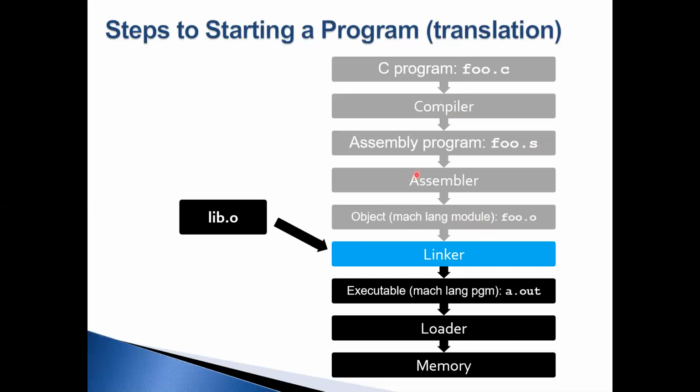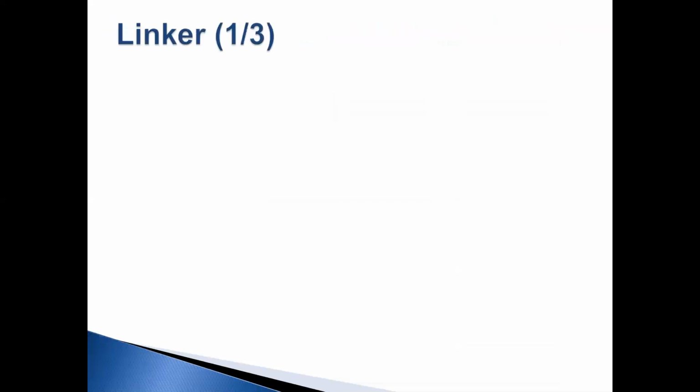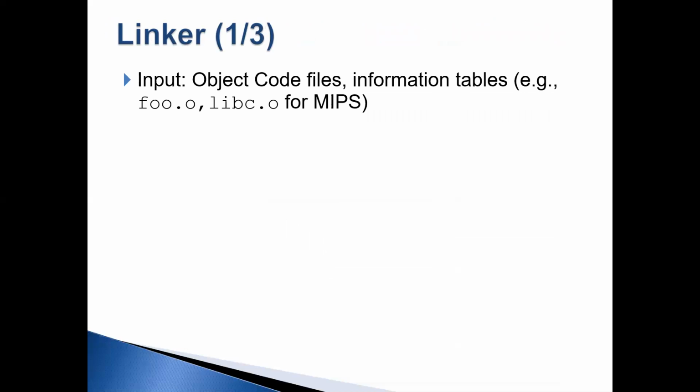So once the assembler produces object files for different source files, now the linker kicks in and combines them into one file. So the input of a linker is just a group of object files. So it depends on how many source files you have. If I have 3 source files, then you have at least 3 object files, and then plus other library files.